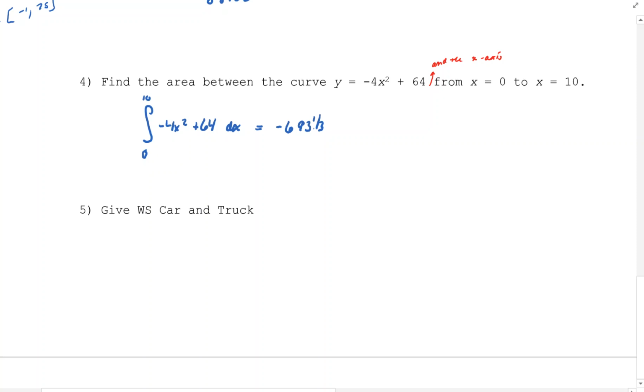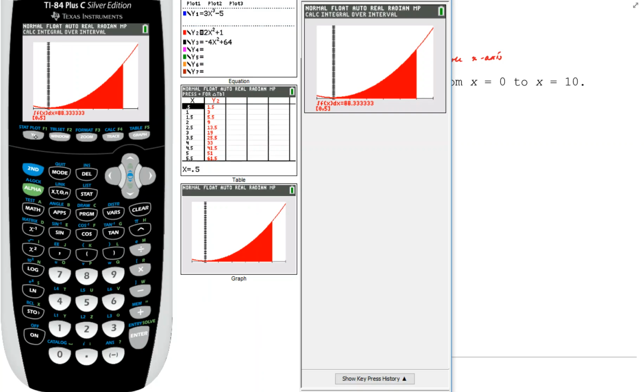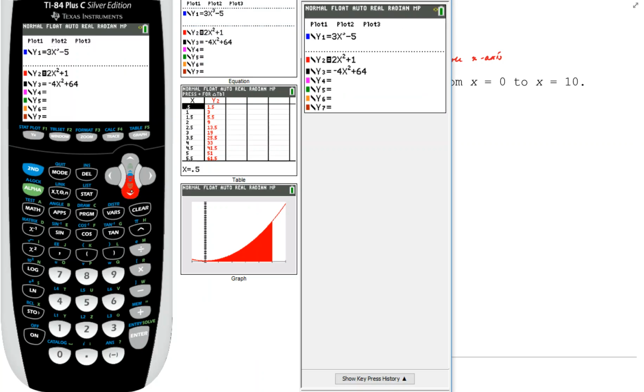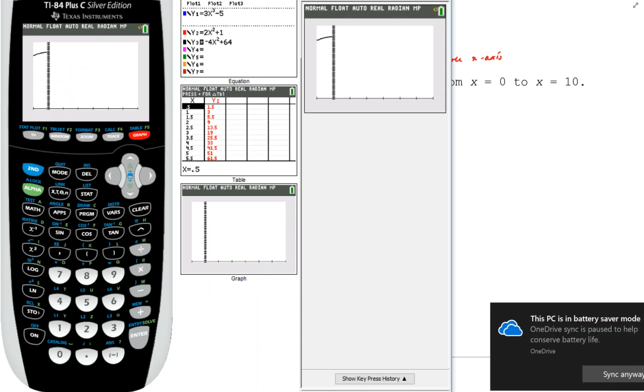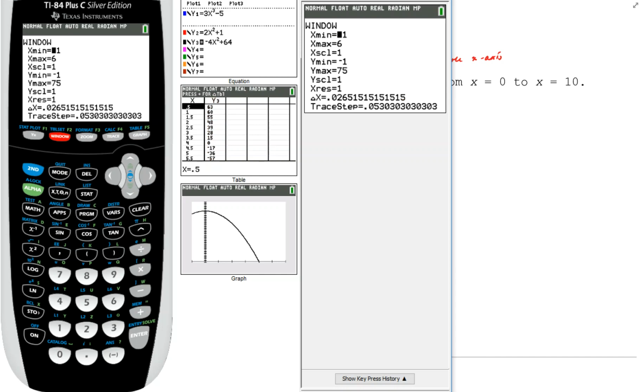But if I look at this graph, I got to change that window a little bit so I can go down below there. So I want an x max of 10, and let's go to an x min of negative 75.